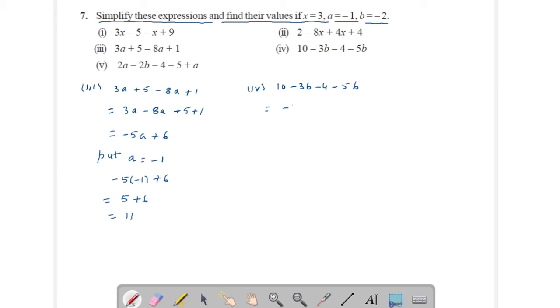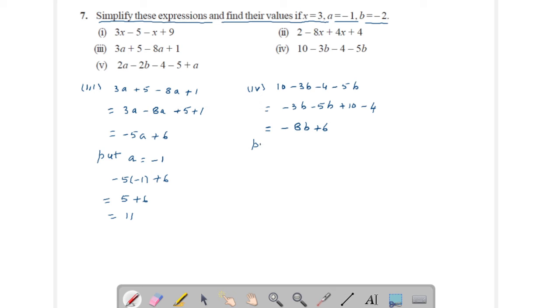It is minus 3b minus 5b plus 10 minus 4. Here solve this. Minus 3b minus 5b, it is minus 8b, plus 10 minus 4, it is 6.